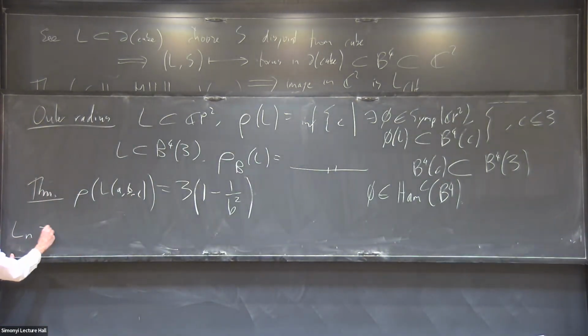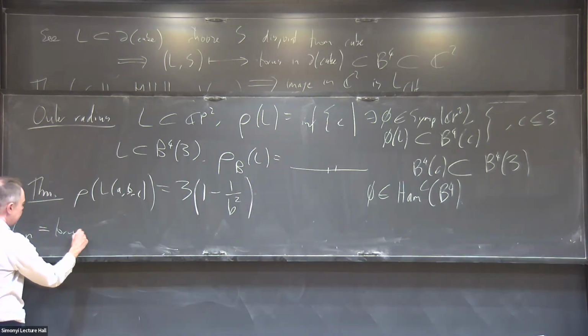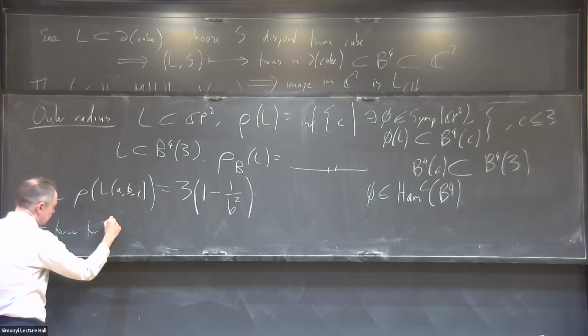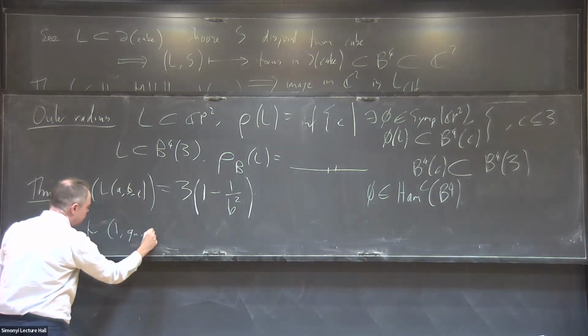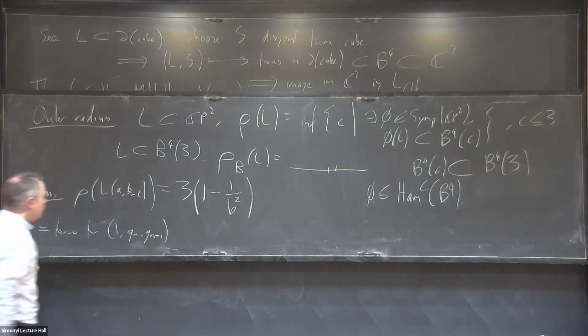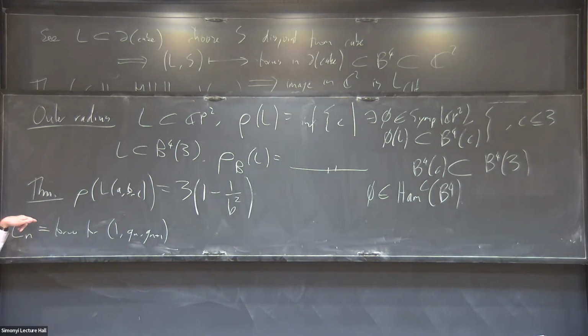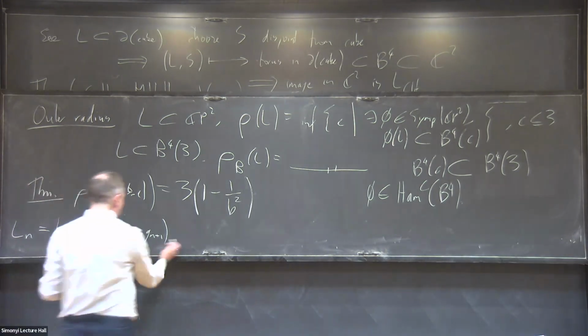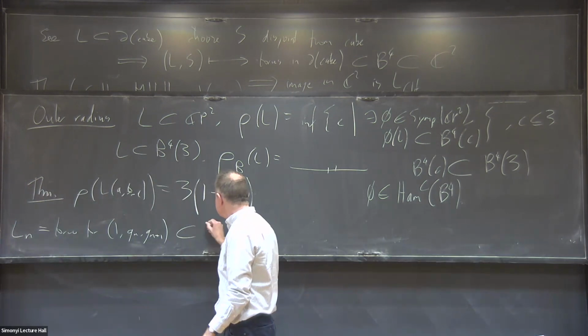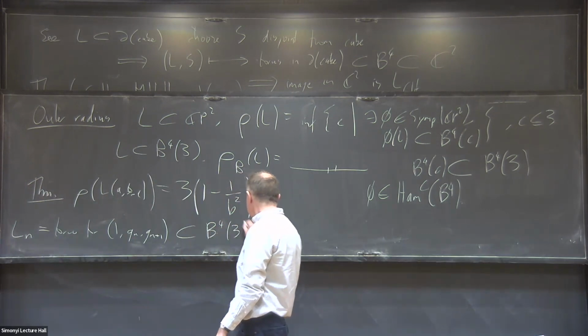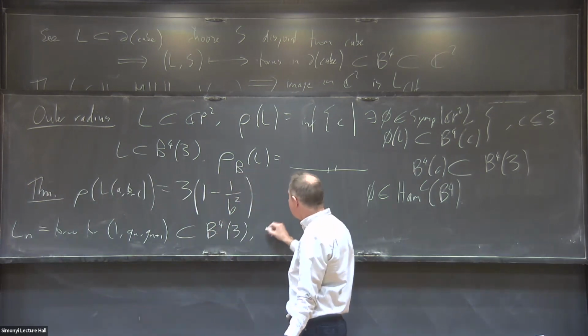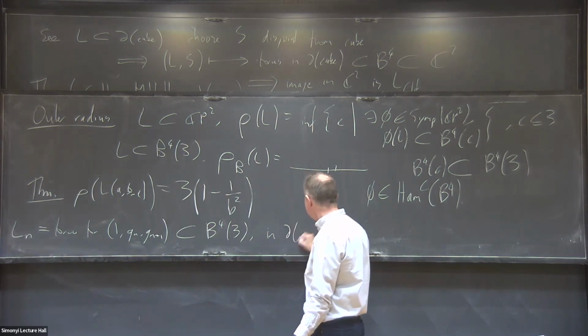So if Ln, this is the torus I wrote down, the torus for the Markov triple Gn plus 1, I want to think of this as a torus in the ball, sitting inside the ball, in the boundary of the cube.